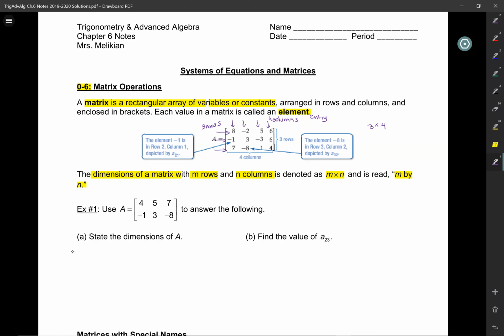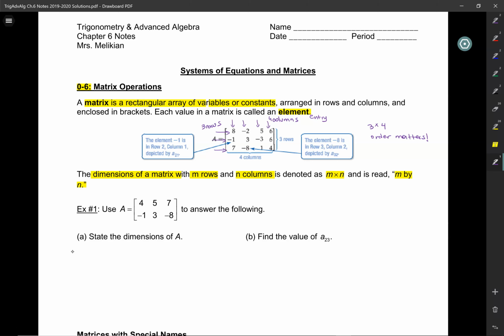Now, if ever there was something that mattered, this is it. Order matters here. Because otherwise, if you say 4 by 3, it looks completely different. It's got 4 rows and 3 columns, and that's completely different.